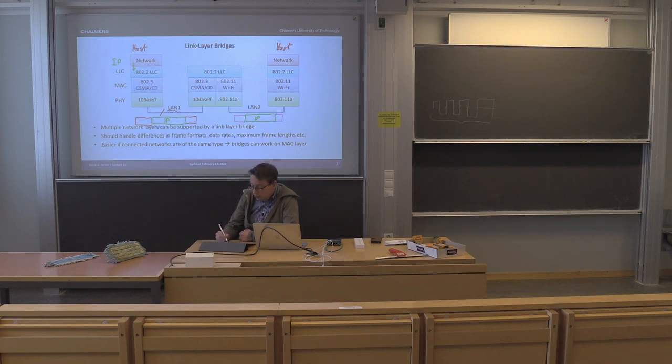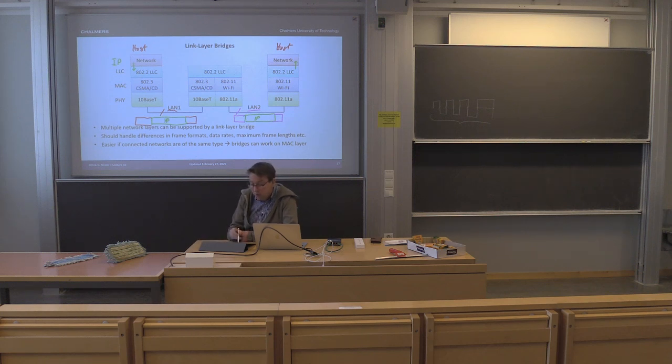That frame would be the frame which is valid on this LAN. In this case, it's an IEEE Ethernet frame here, and here it's an IEEE Wi-Fi frame. But it's the same IP packet here, and therefore the IP packet which is delivered at the other end is the same packet.